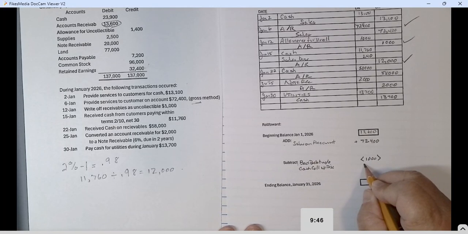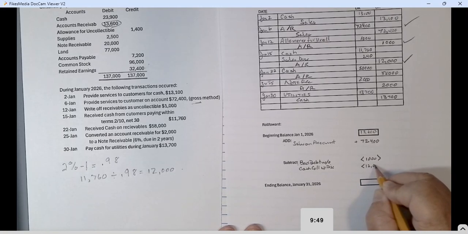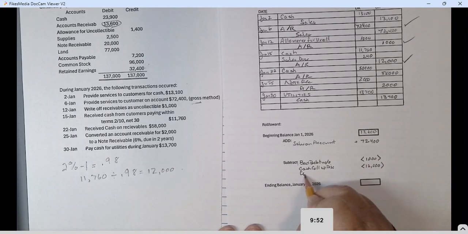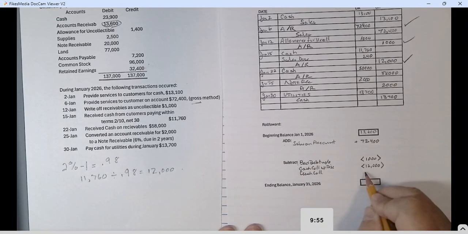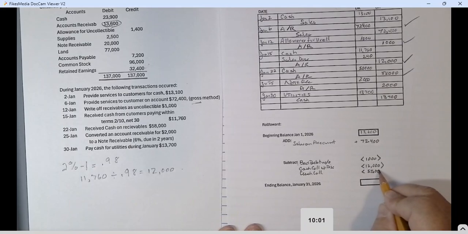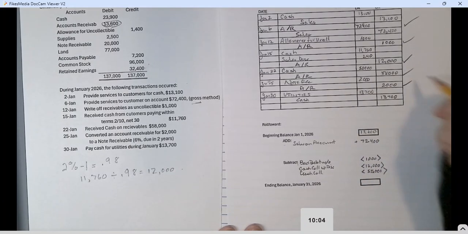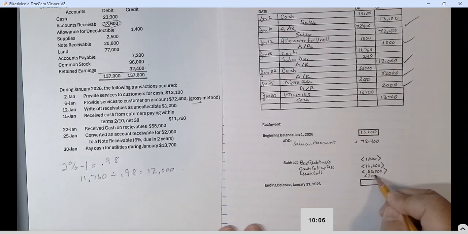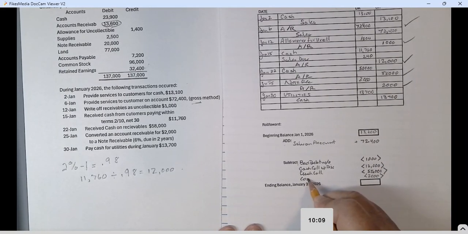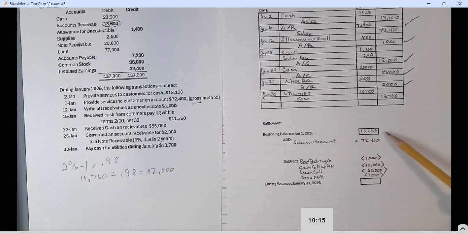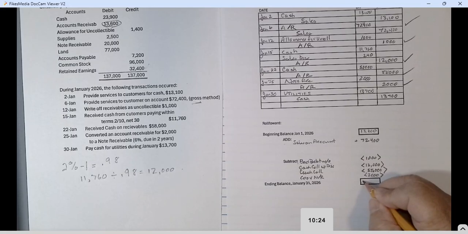Okay, cash collected, 58,000, and then we converted a note. So my beginning balance plus additions, subtractions, and if I take that in my calculator, it's 13,000.